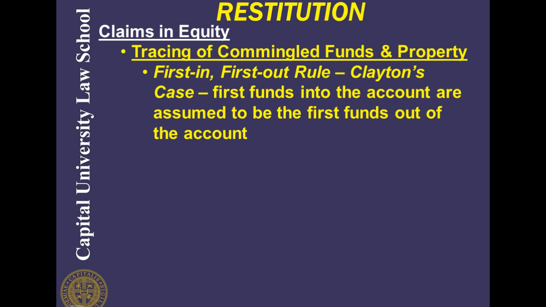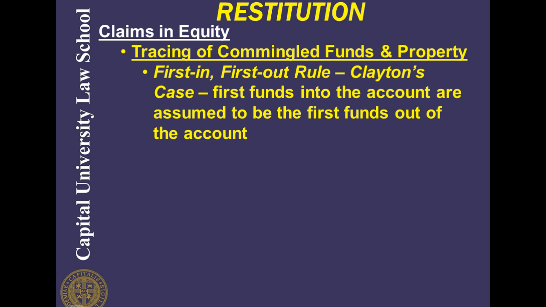The first rule is known as the first in, first out rule, or the rule in Clayton's case, and this merely states that the first funds into the account are assumed to be the first funds that leave the account. So if initially the defendant had money of their own in the account, $50,000 let's say, and they converted $25,000 of the plaintiff's, put that into the account now, and then withdrew $10,000 to buy the diamonds.